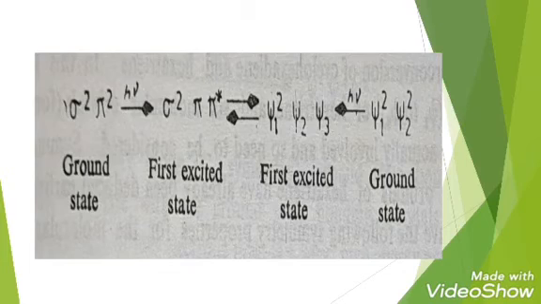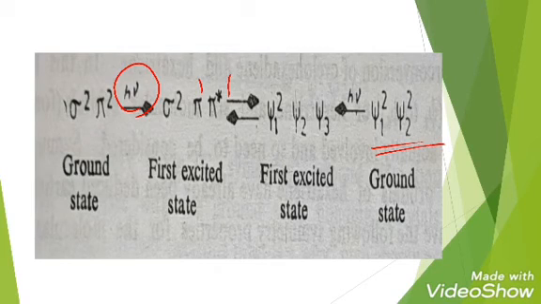So the ground state electron configuration sigma 2 pi 2 changes to sigma 2 pi 1 pi star 1 in presence of light, and the ground state electron configuration of butadiene psi1 2 psi2 2 is excited to the first excited state in presence of light, that is psi1 2 psi2 1 psi3 1.